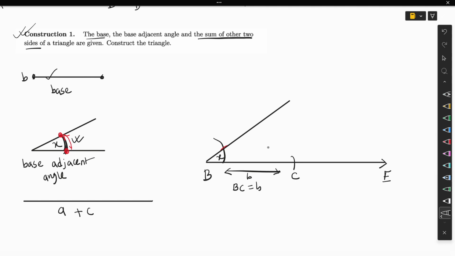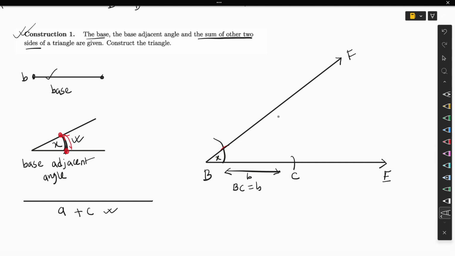Now we'll cut AC, the sum of the two other sides, from this ray. Let's say this ray is BF.